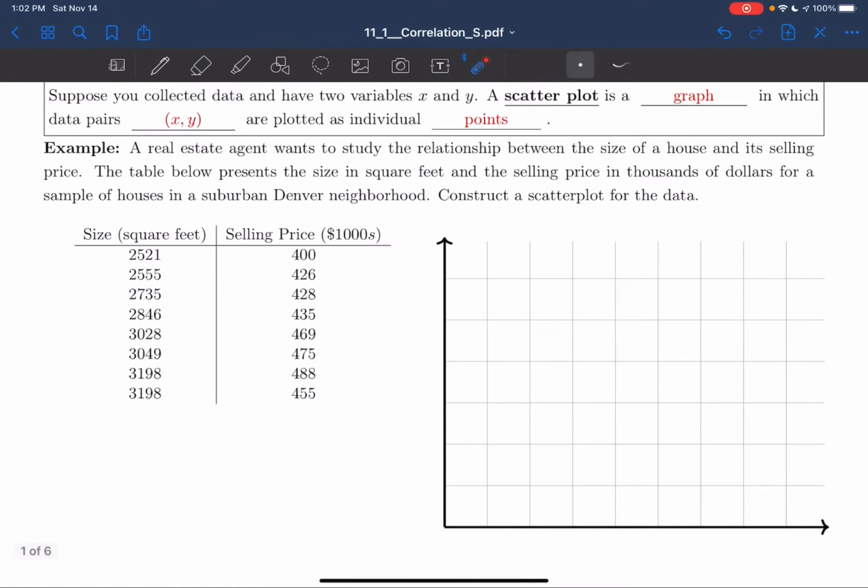For example, a real estate agent wants to study the relationship between the size of houses and their selling price. The table below presents the size in square feet and the selling price in thousands of dollars for a sample of houses in a suburban Denver neighborhood. Here, we want to construct a scatter plot of our data set.